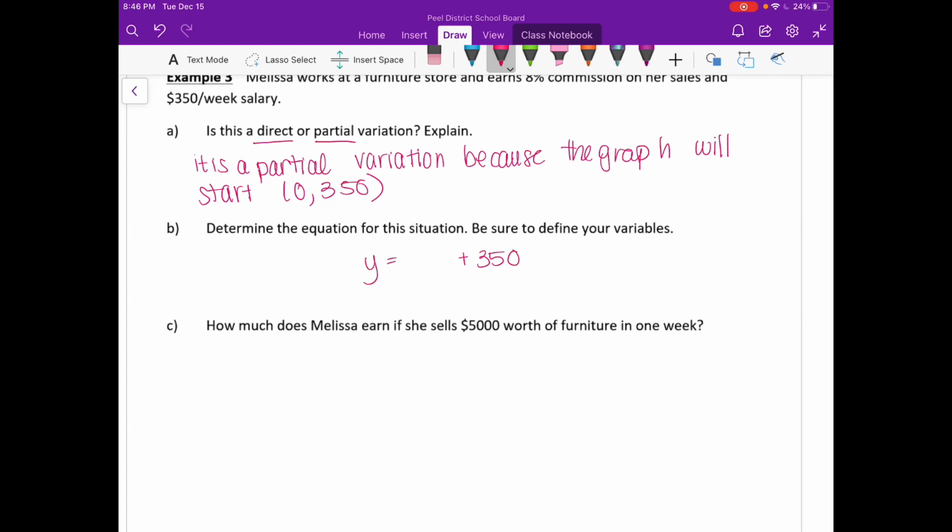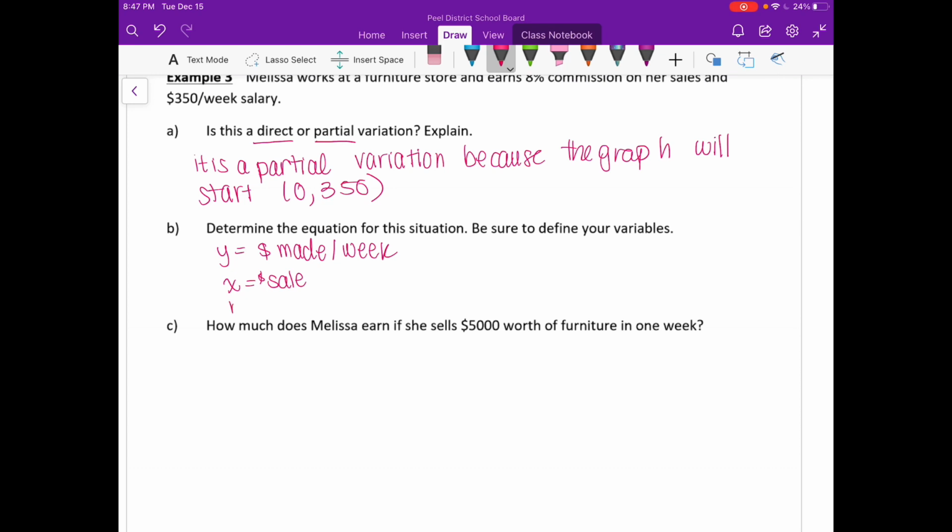Y equals. Let's define our variables first. So I'm going to say y equals the amount of money she makes, money made per week. X is going to be the sales that she makes, so the dollars in sales that she makes, right?